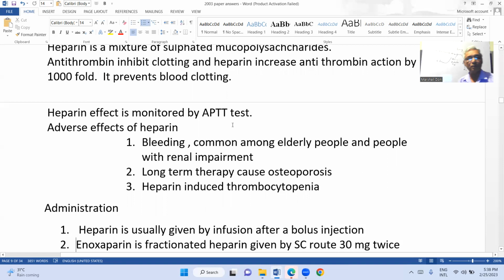The test you do to check the heparin effect is APTT. That is activated partial thromboplastin time, APTT.